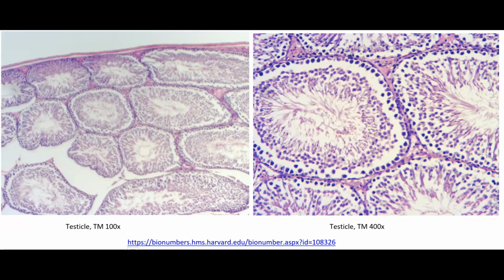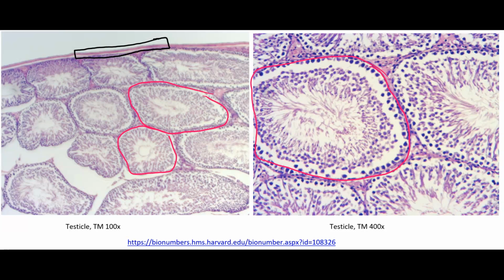We've now magnified the slide even more, so we're looking at 100x magnification on the left and then 400x magnification on the right. And what we can still see is the fibrous capsule, which would be the tunica albuginea in this case, and we can see several of these cross sections of the seminiferous tubules.